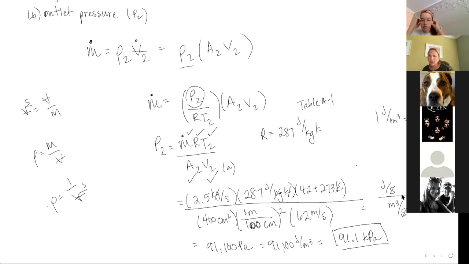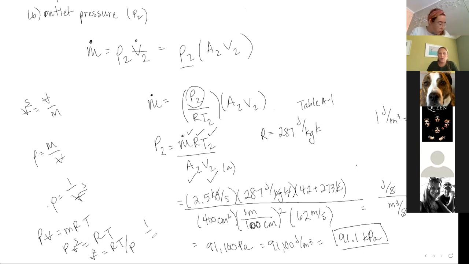Are there any questions still about that? Yeah, so then remember, PV equals mRT, or P times specific volume equals RT, so specific volume is equal to RT over P, or 1 over specific volume is equal to P over RT for here.